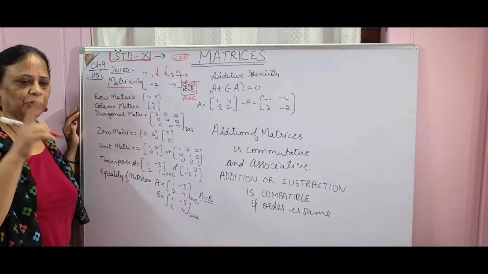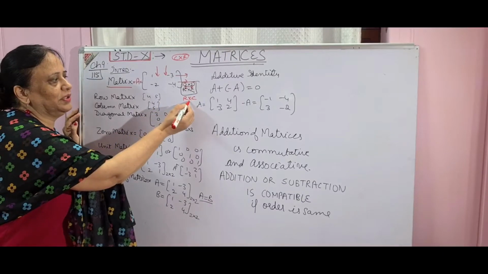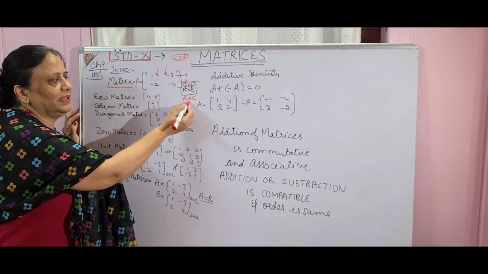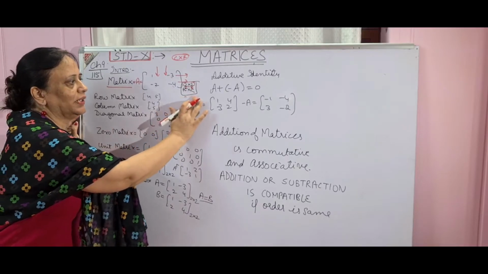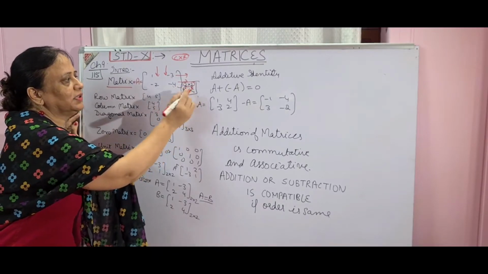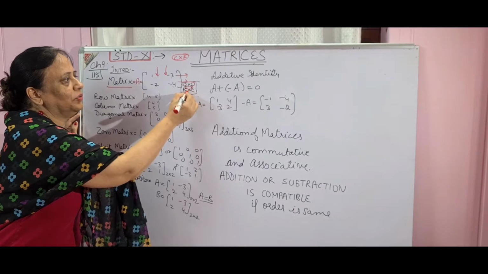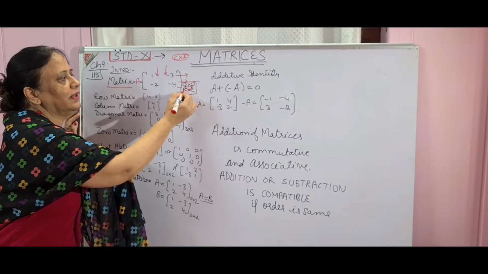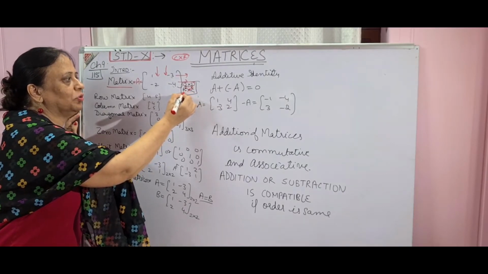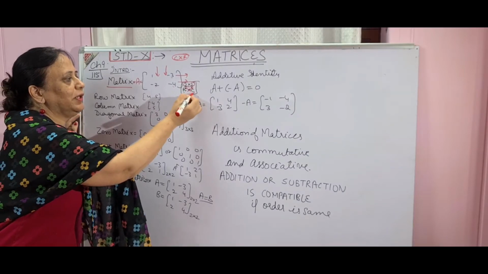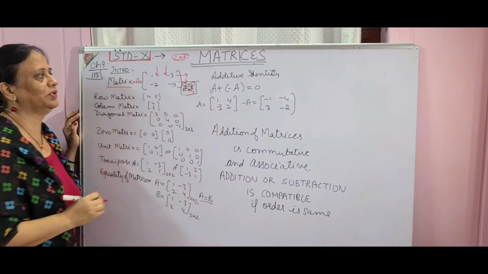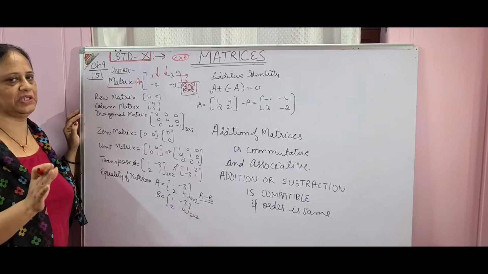Basically, when I put a sign like this, you all must be thinking that this is multiply, but you never do that. Over here, cross represents only the sign, and R represents rows, horizontal values, and C represents columns, vertical values. This is how you do it. This is the presentation of the matrix.